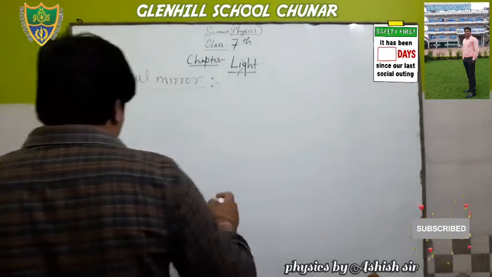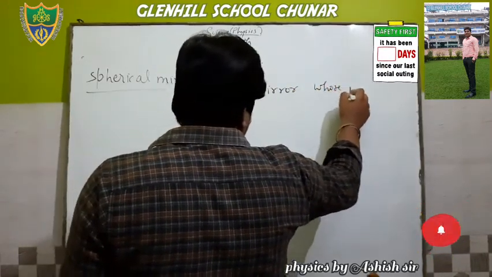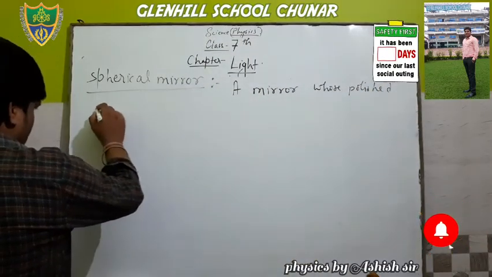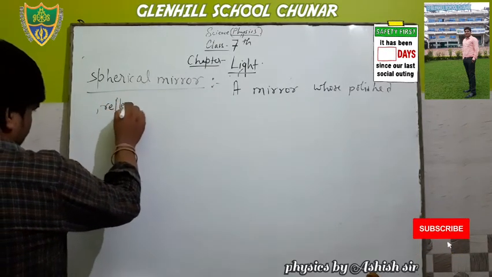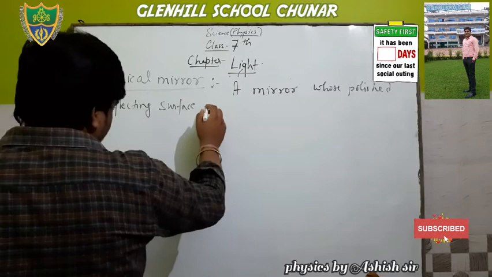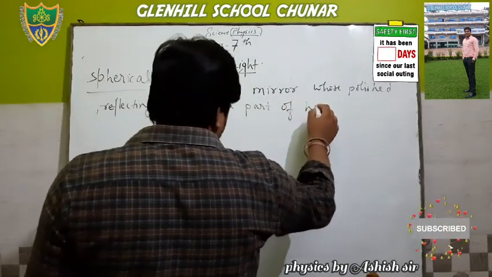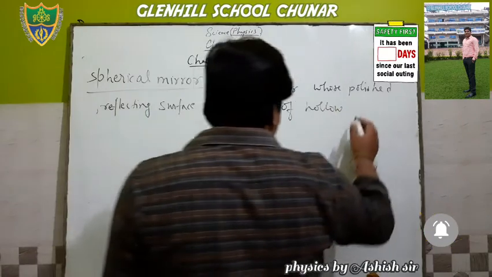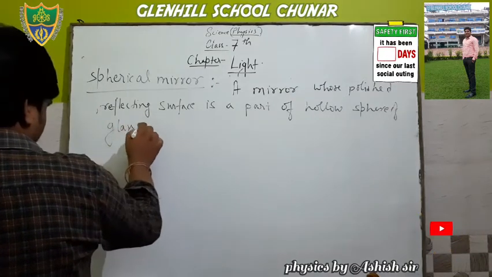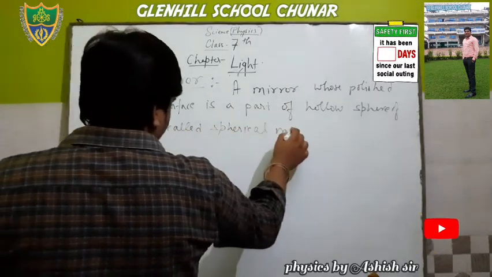Okay, write it down. A mirror whose polished, reflecting surface is a part of a hollow sphere of glass is called a spherical mirror.